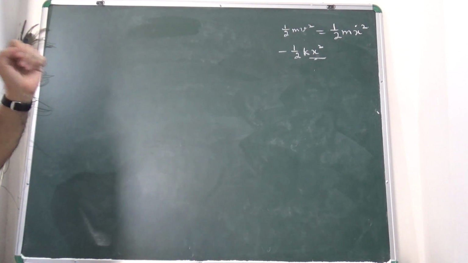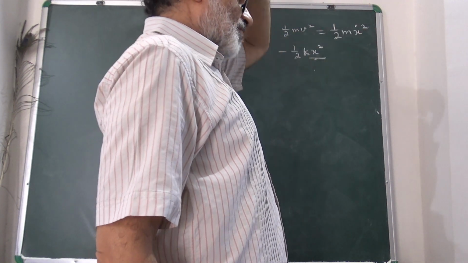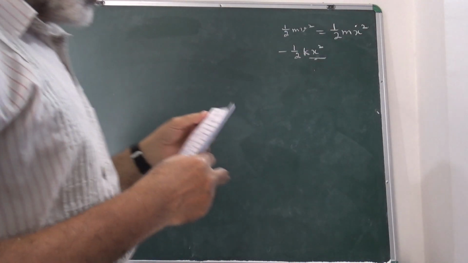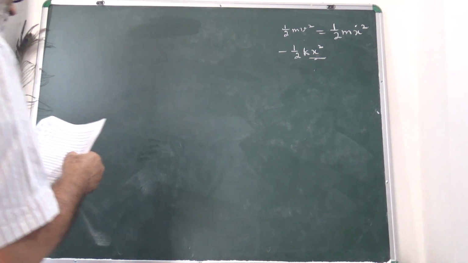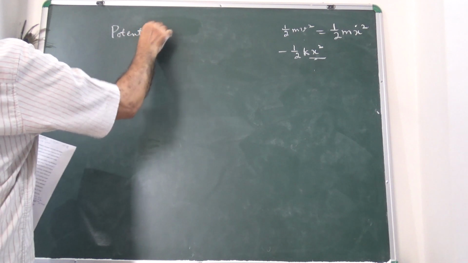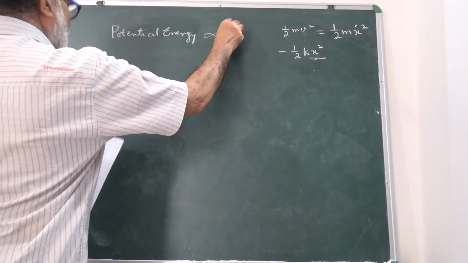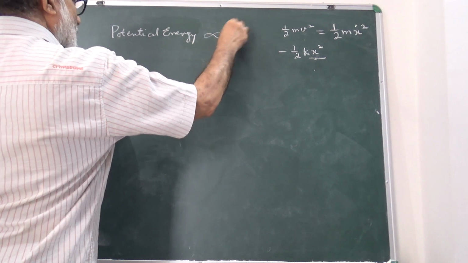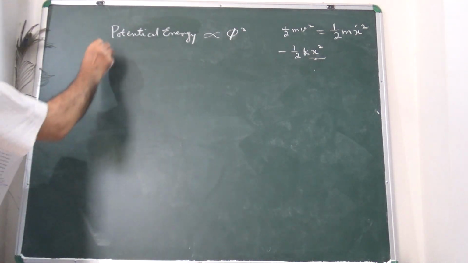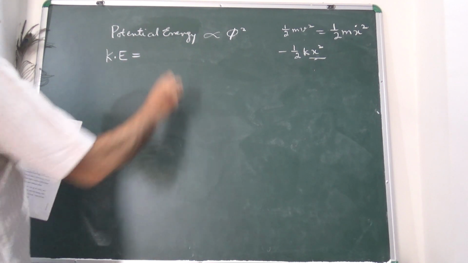In a field, the field values vary both with space and time. So the potential energy for the field is proportional to phi square, as x square is for position, and the kinetic energy will be the variation of the field with space and time.